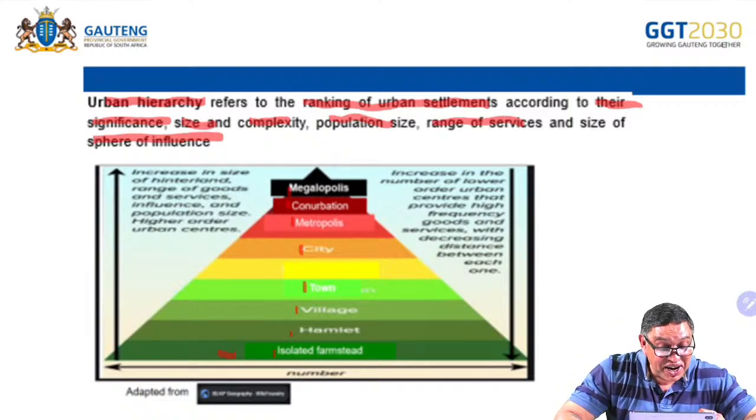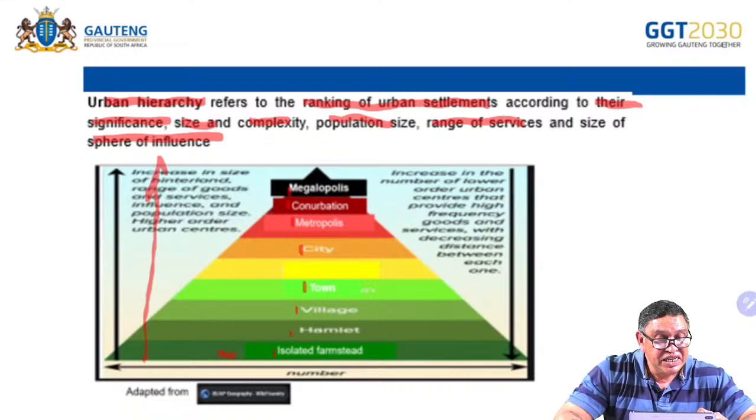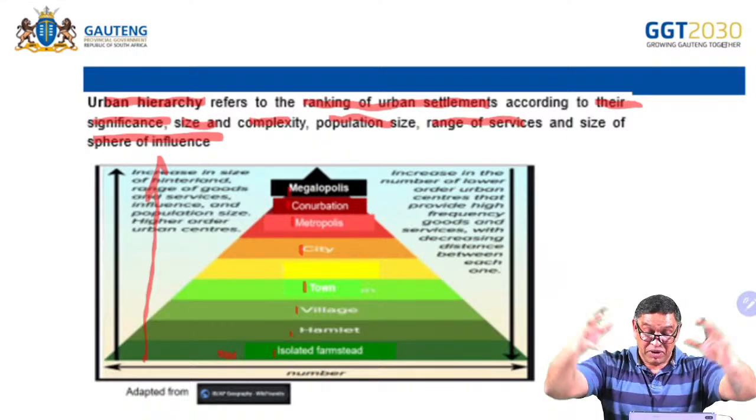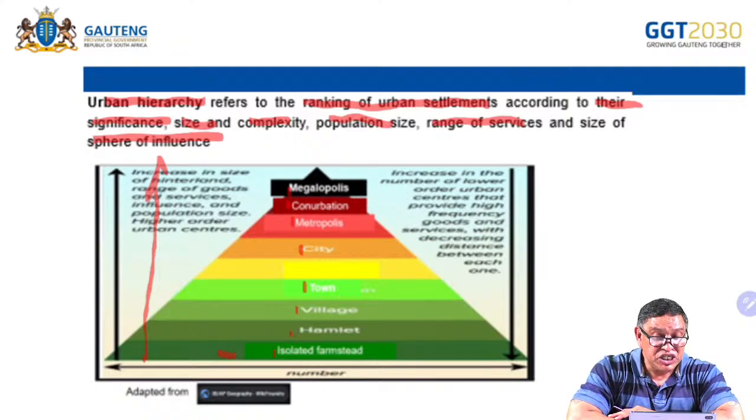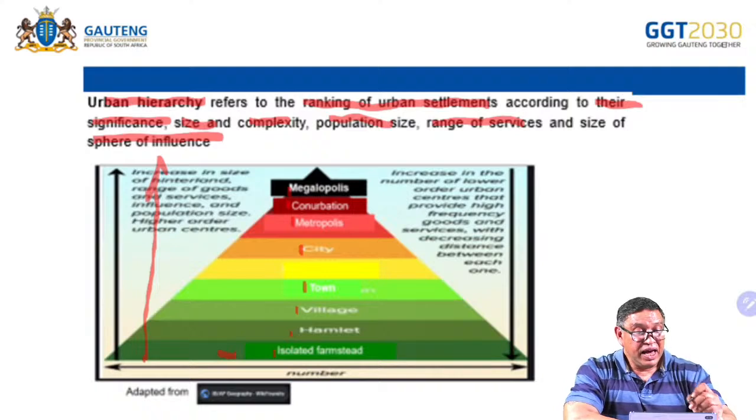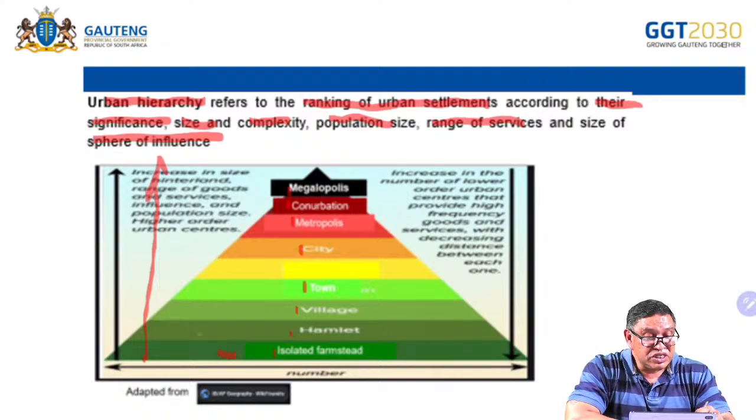Then again on the hierarchy, as you were concerned, what do you need to know? That as you go up, it increases in size. The megalopolis is far bigger than the conurbation or the hamlet, all right? And then also, you notice they'll have higher order goods and services.